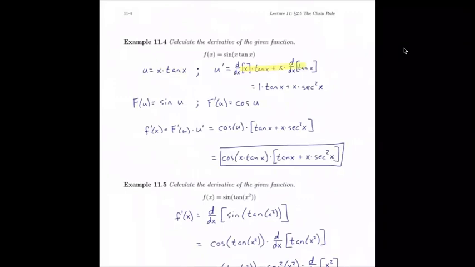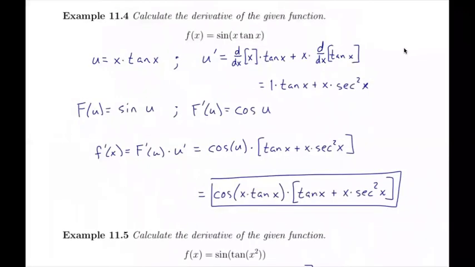So I have to use the product rule when I take that derivative. So it's the derivative of the first, x, times the second function, tangent x, plus the first function, x, times the derivative of the second function, tangent x. And with that, I see I have 1 times tangent x, and then plus x times tangent's derivative, which is secant squared x. So there we go.